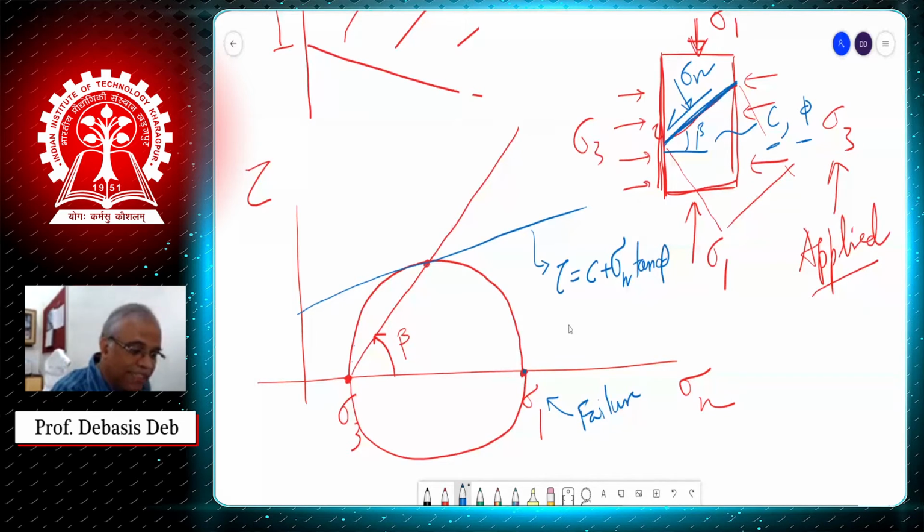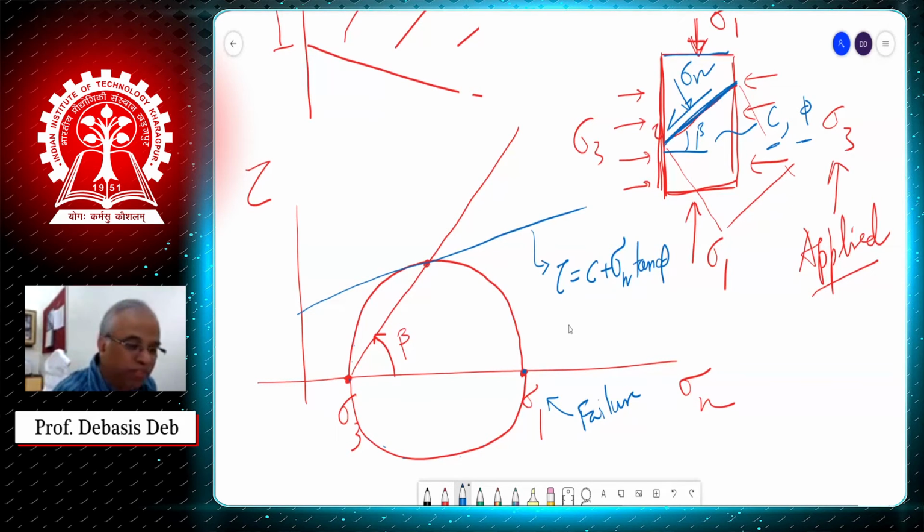So basically this sigma 1, 0 at this point, represents this plane. So it indicates that at this particular point, this is a failure. Similarly, this sigma 3, 0, each point represents a failure because this is a failure circle.